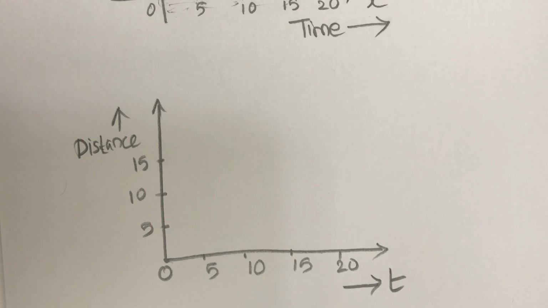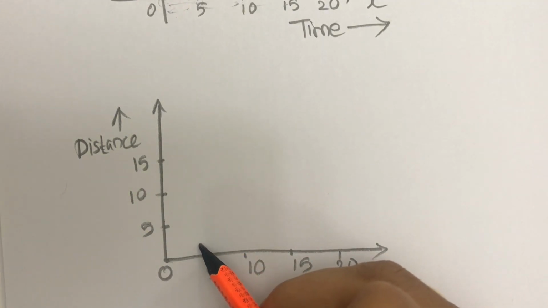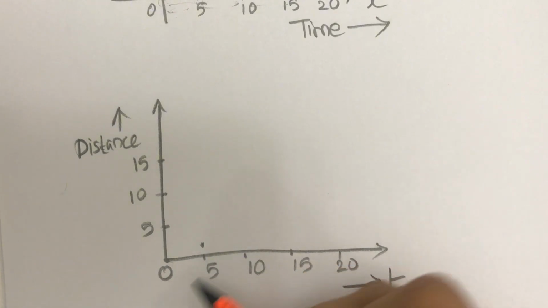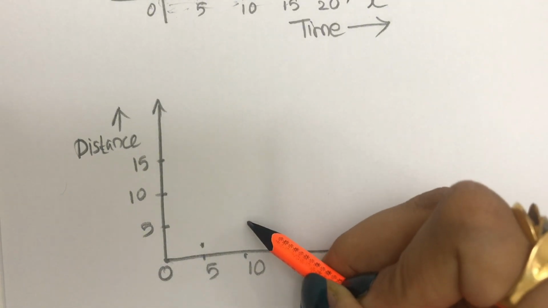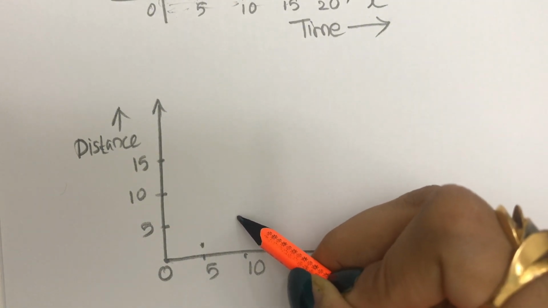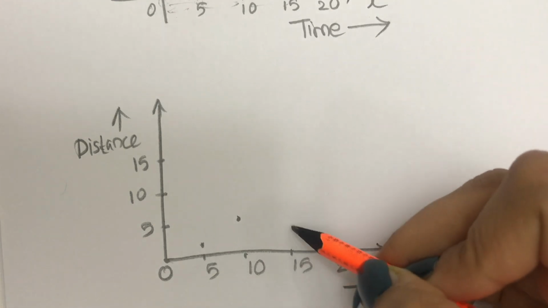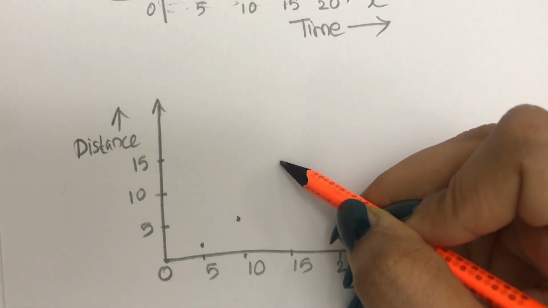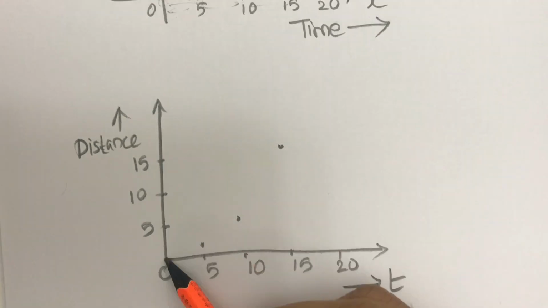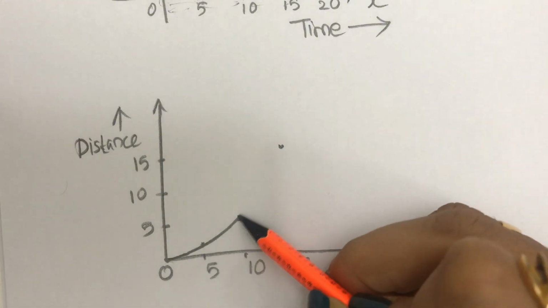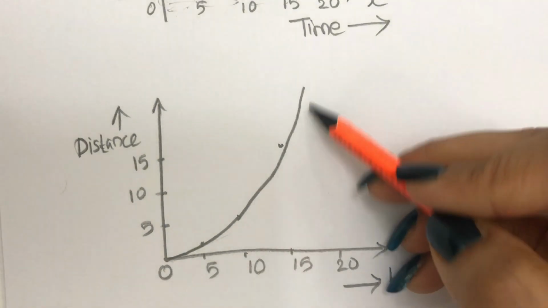In the first 5 seconds, my object moved, say, 1 kilometer. In the next 10 seconds, my object moved how much? 5 kilometer. In the next 15 minutes, my object moved how much? Say 15 kilometers. It will not be a straight line. It will be a curved line.